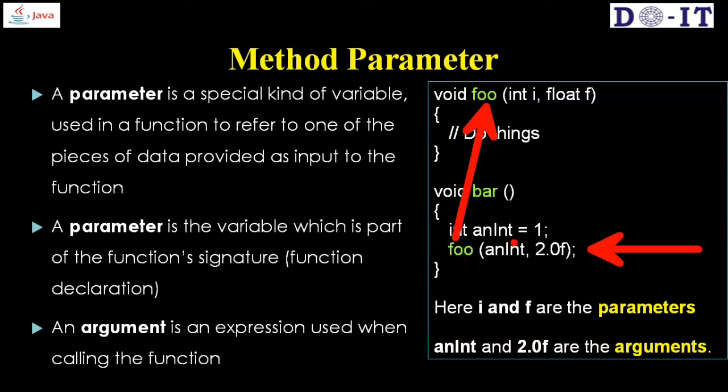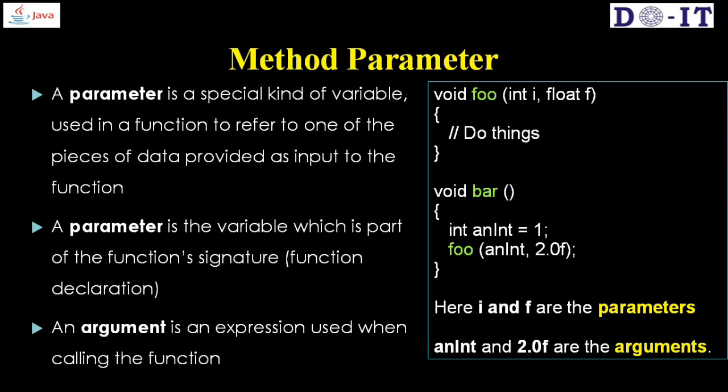The value 1 that is assigned to anInt, the name of the variable, will be passed to i, and the value 2.0f will be passed to the second parameter of foo, which is f. So it will get executed and you may get the necessary output.